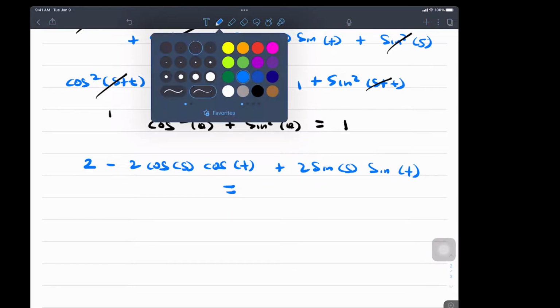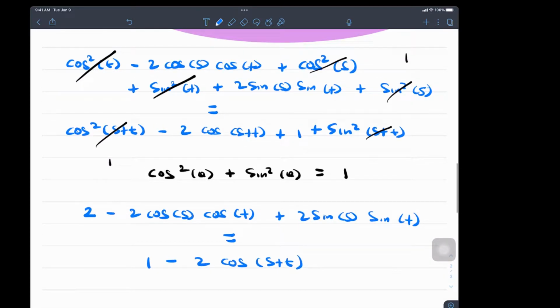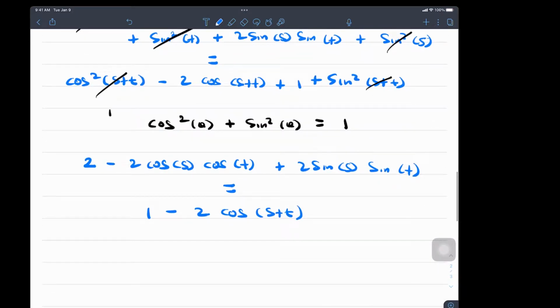Okay? So we have 1 minus what? 2 cosine s plus t. And this already has a 1 there too. So there's a plus 1. Okay? So what you now have, 1 plus 1 will be 2. Okay, so I'm saying there's another 1 out here.